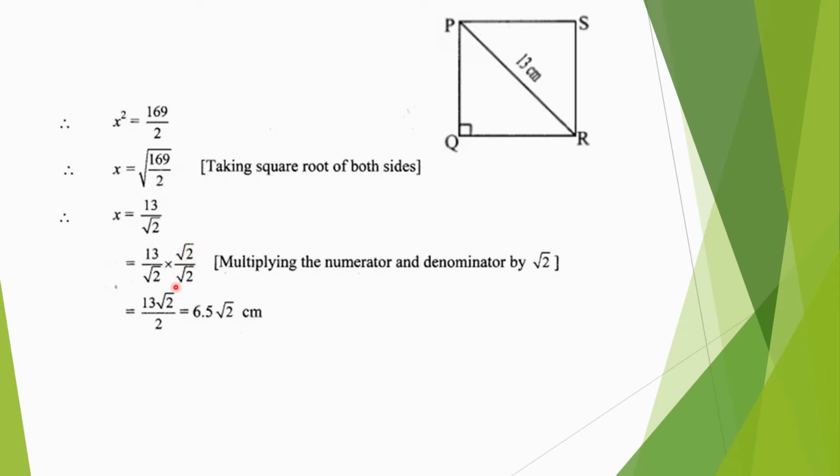Therefore, 13 upon root 2 into root 2 upon root 2 is equal to 13 root 2 upon 2, because root 2 into root 2 is equal to 2. Therefore, that is equal to 6.5 root 2 centimeter. Therefore, the length of the side of the square is 6.5 root 2 centimeter.